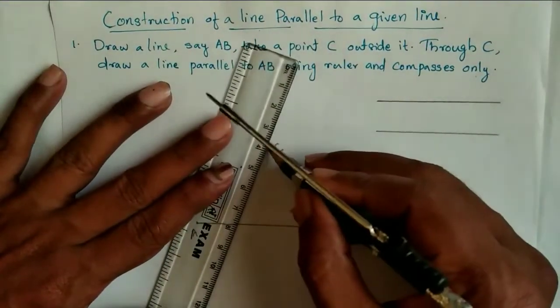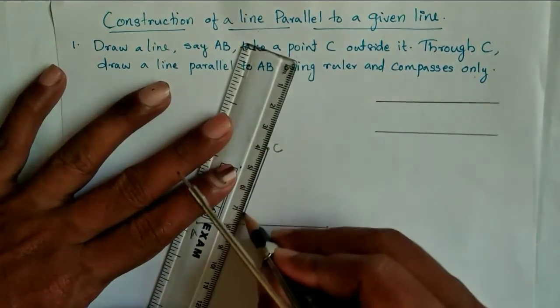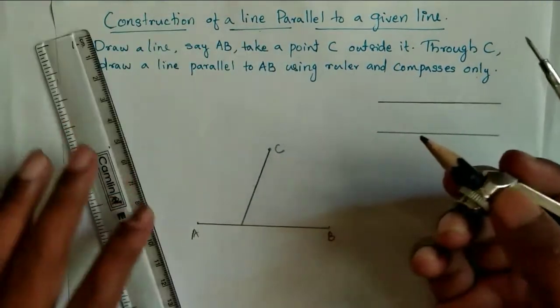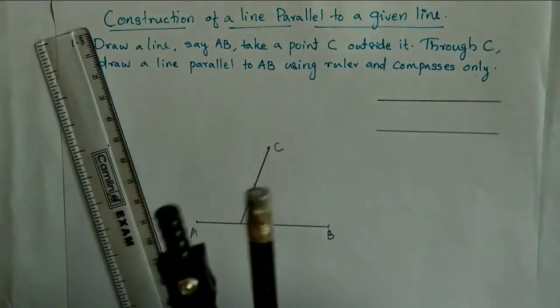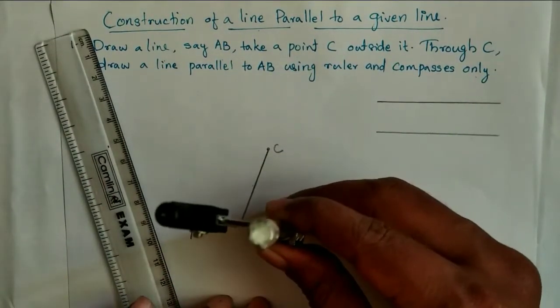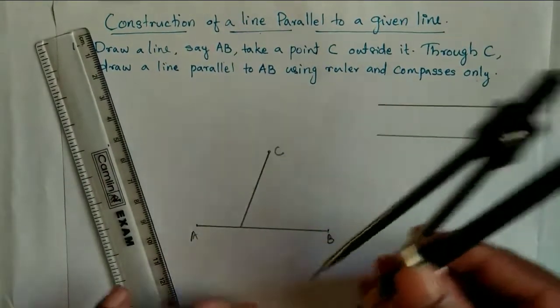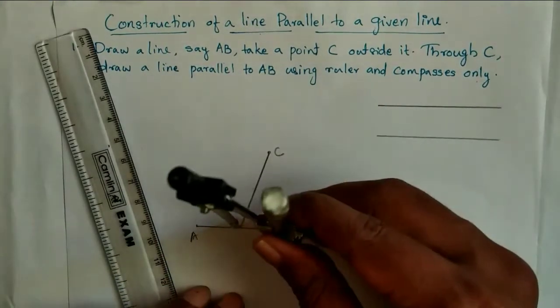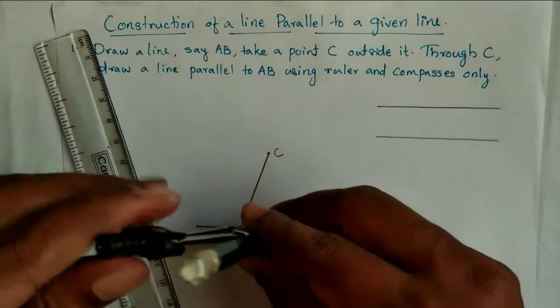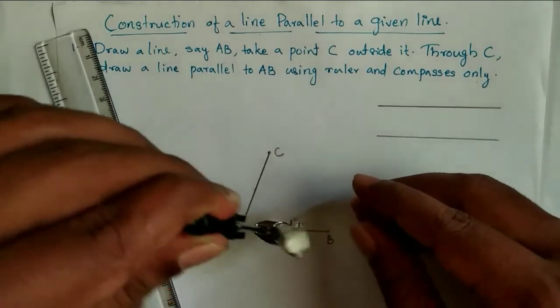First step, take your scale and draw a line from C to AB. Then take your compass, with no particular measurement, put your compass on that intersection point, and draw a small arc.